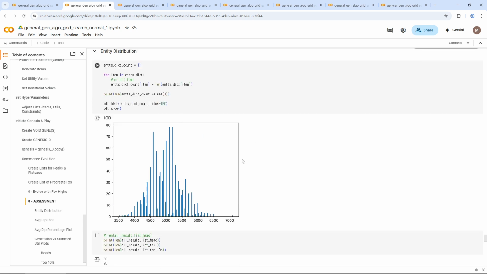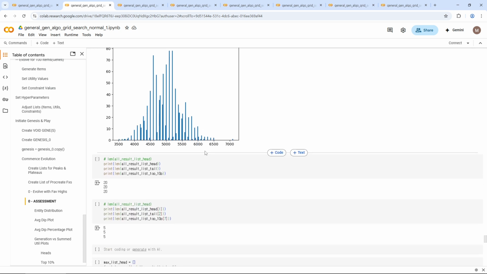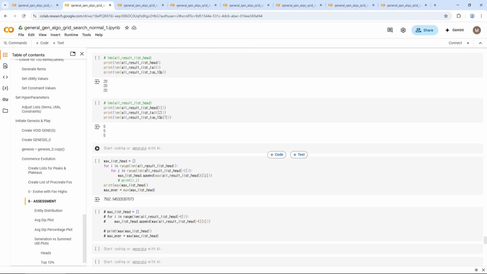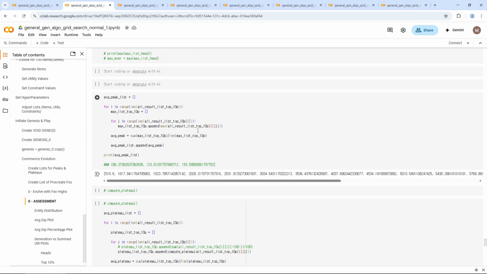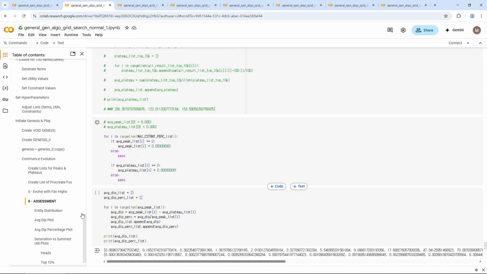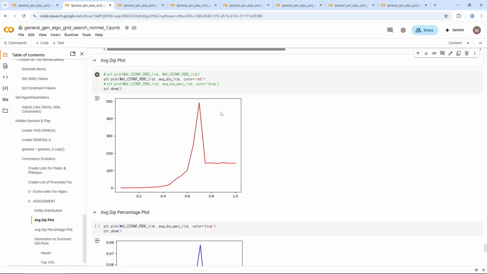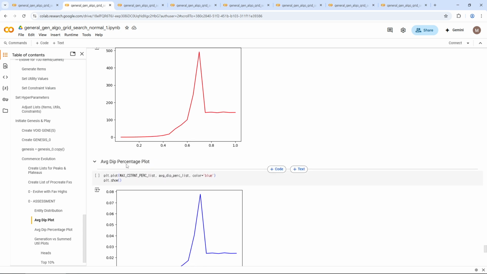So this is the distribution, and the maximum ever was 7,502. And we calculate the average peaks, the average plateaus, and we look at the dip plots, the average dip percentage plot.